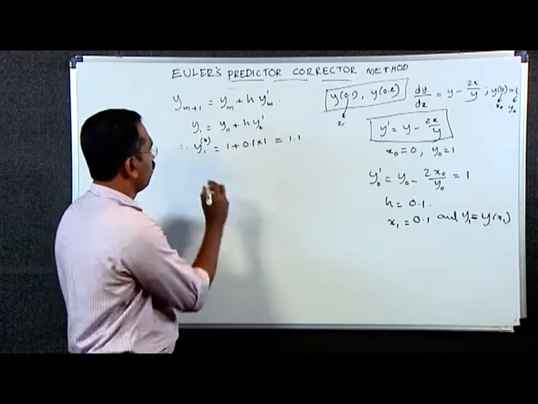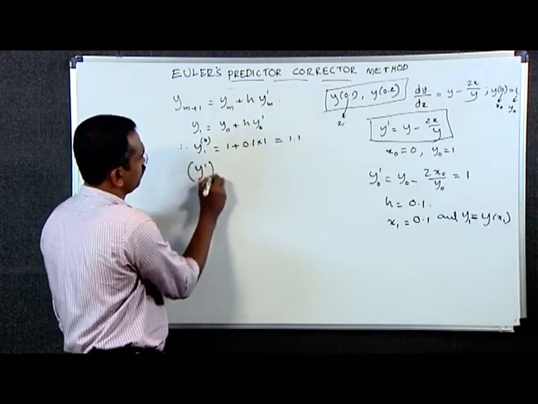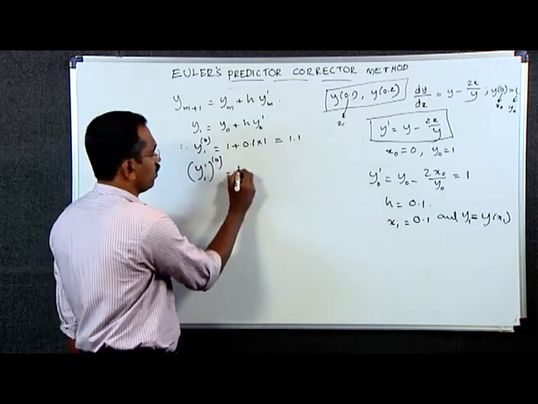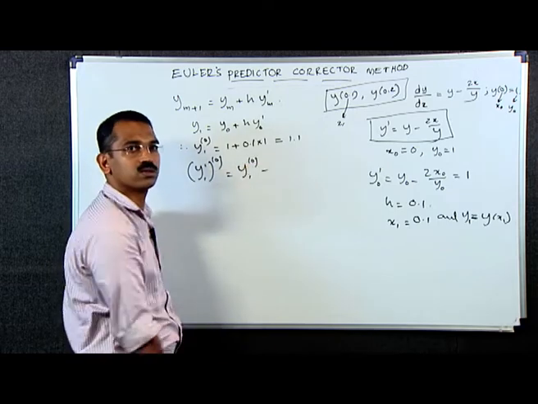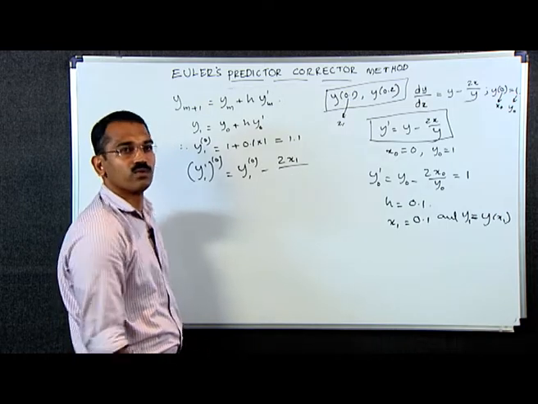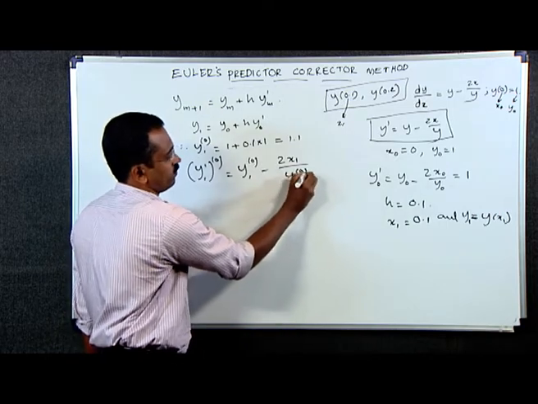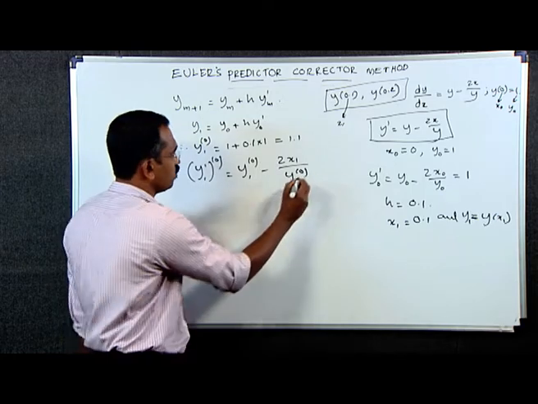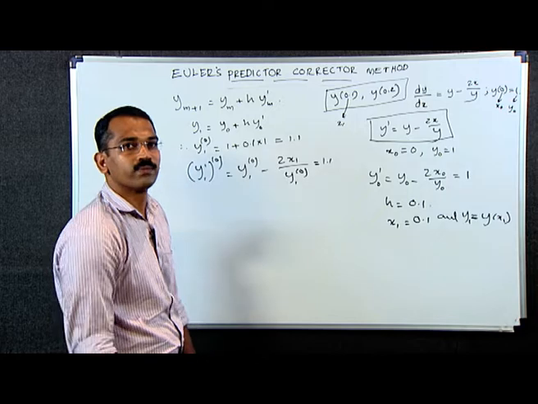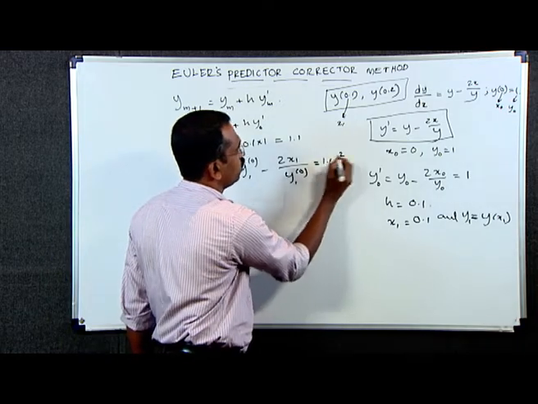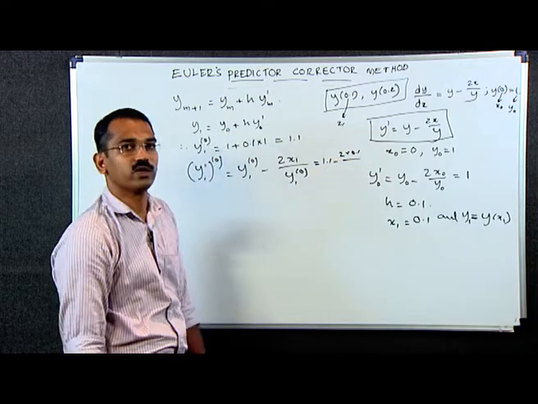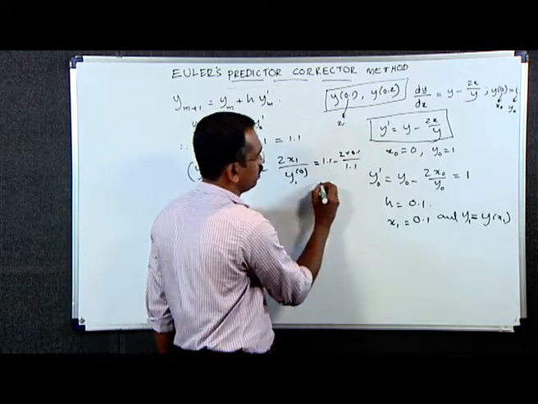Now, y1 dash superscript 0 is equal to y1 superscript 0 minus 2x1 divided by y1 superscript 0, which is equal to, here y1 superscript 0 is 1.1, minus 2 into x1 which is 0.1, divided by y1 superscript 0, that is 1.1.